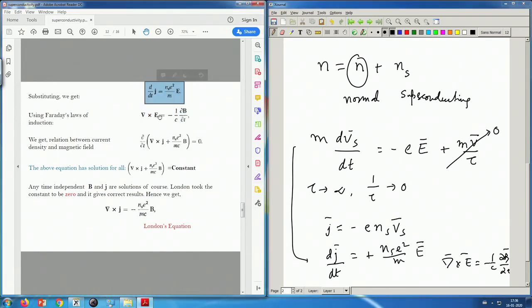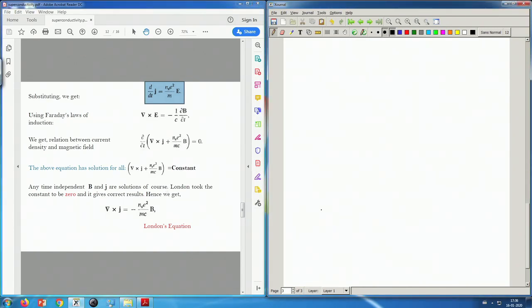If you take a curl, you will get del by del t of curl j plus n_s e squared by m into curl E, which will give you this equation, right. So, that leads to del by del t of curl j plus n_s e squared by m c into B equal to 0.